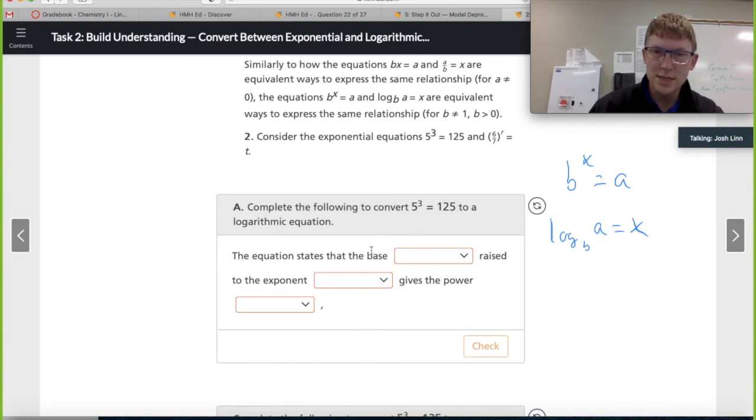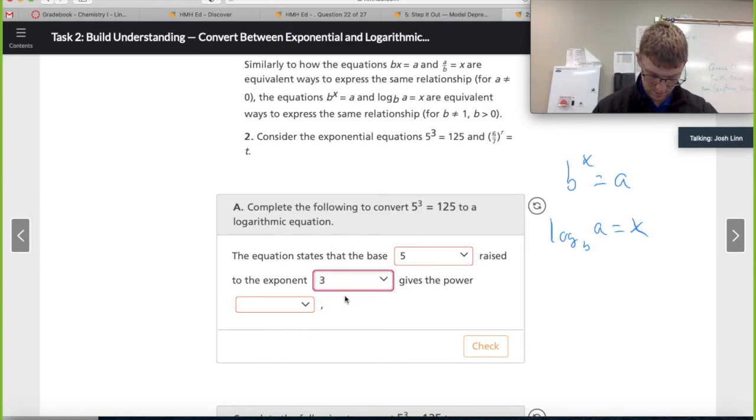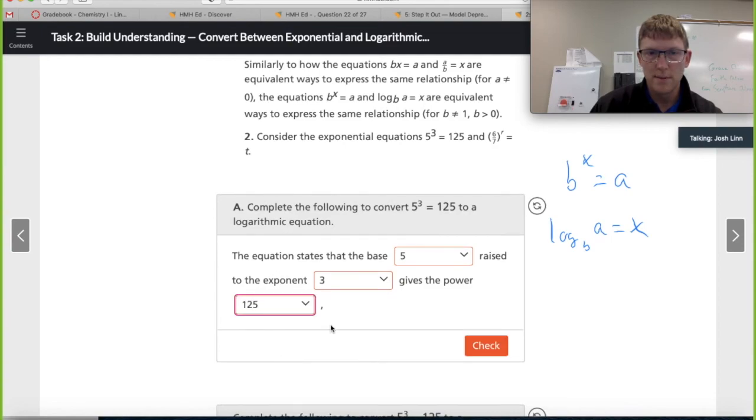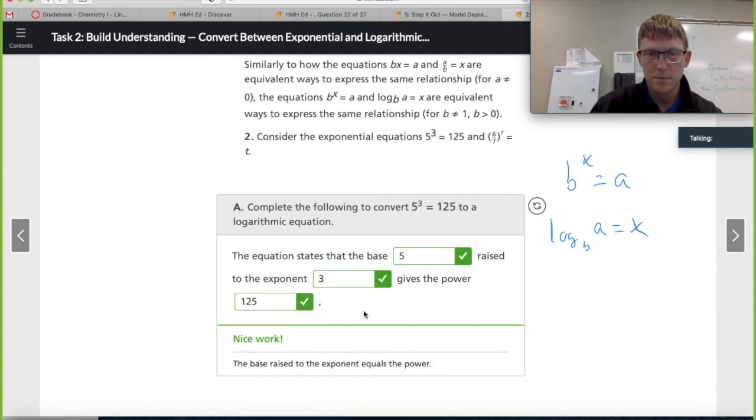So the equation states that the base 5 raised to the exponent 3 gives the power 125. So that's basically what this is saying right here.